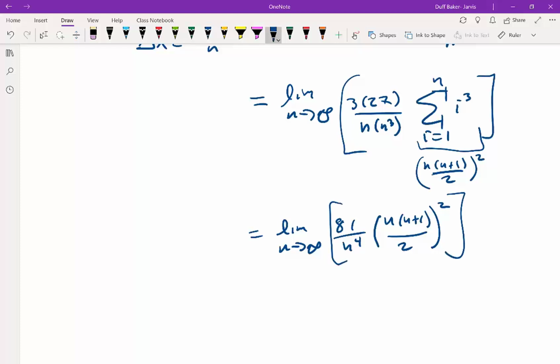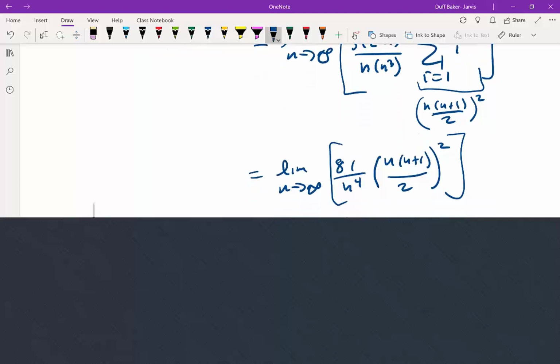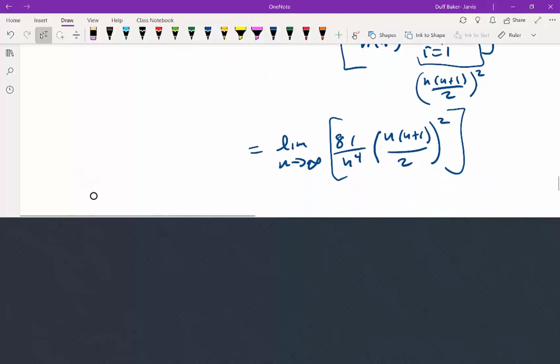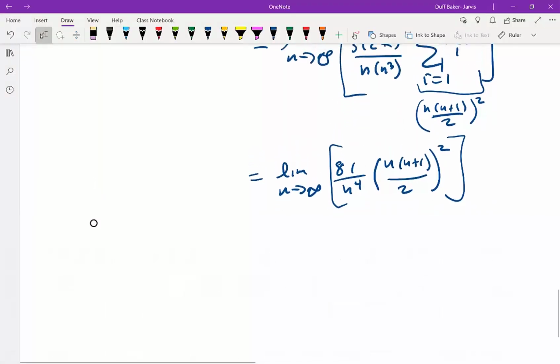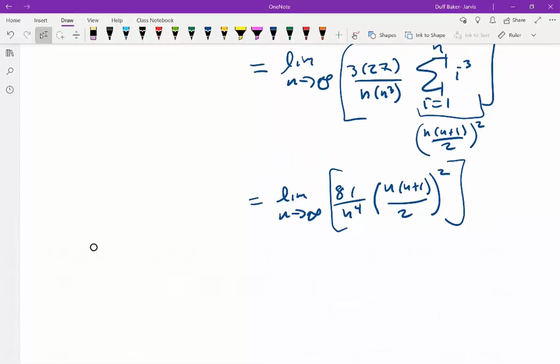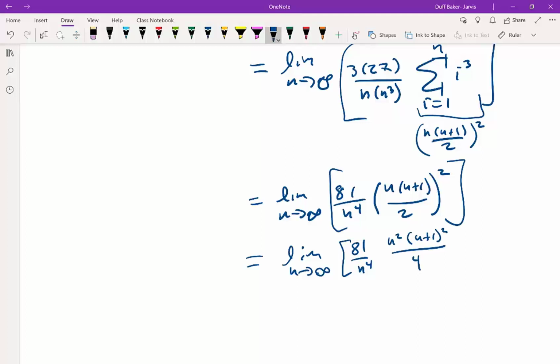Now we can start thinking about what the limit itself is. So maybe the easiest way to see it is, if we just square everything out, you get something like this.